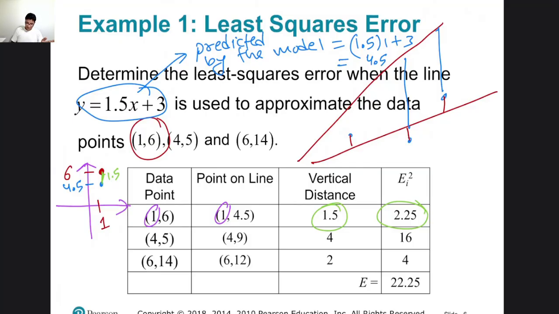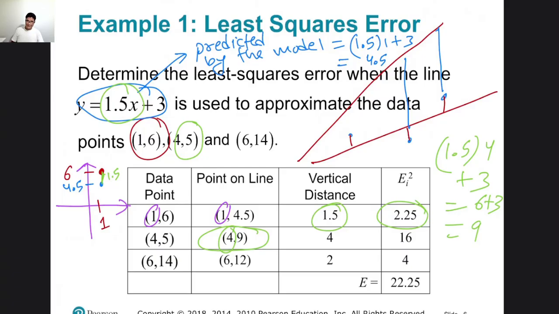At 4, plug in x equal to 4 in the equation, you get 1.5 times 4 plus 3. Now 1.5 times 4 is 6. So 6 plus 3, 9. So the point on the line is 4 comma 9, whereas the actual given point is 4 comma 5.